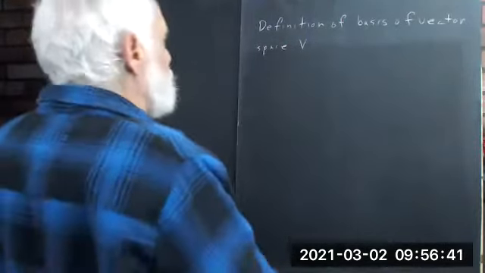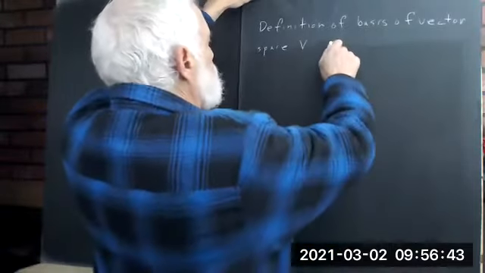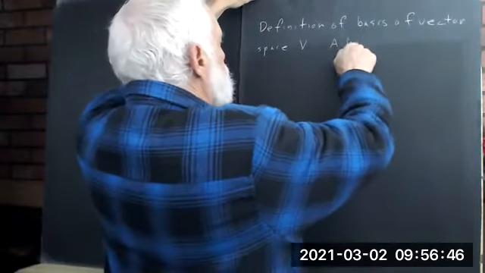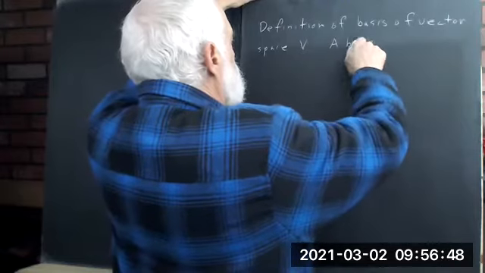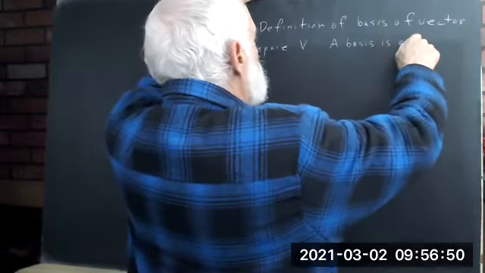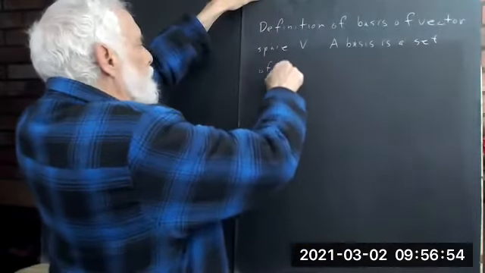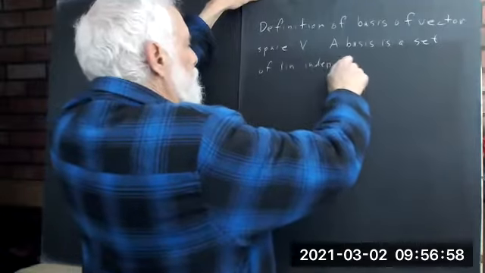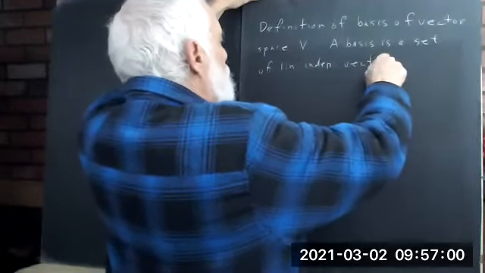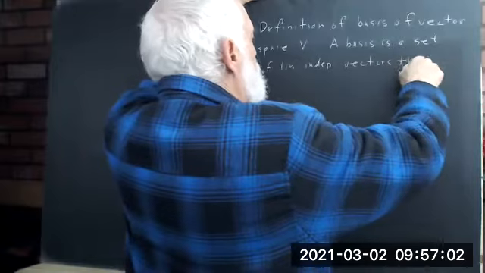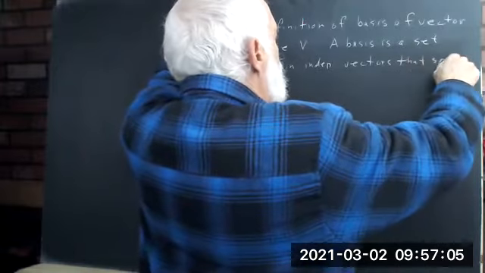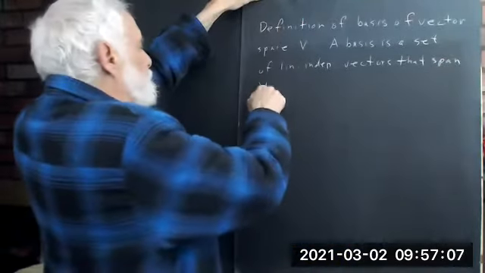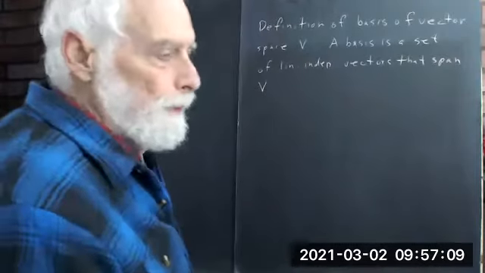The definition is, it's a set of linearly independent vectors that span the vector space V.